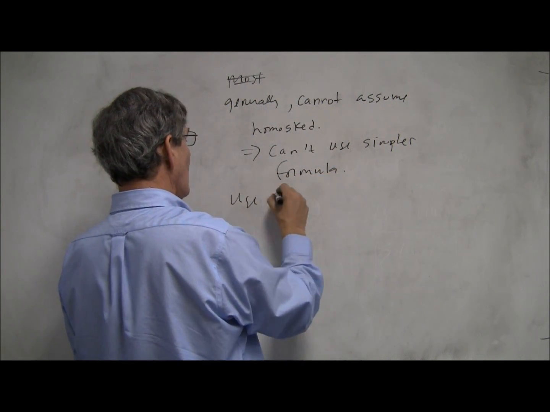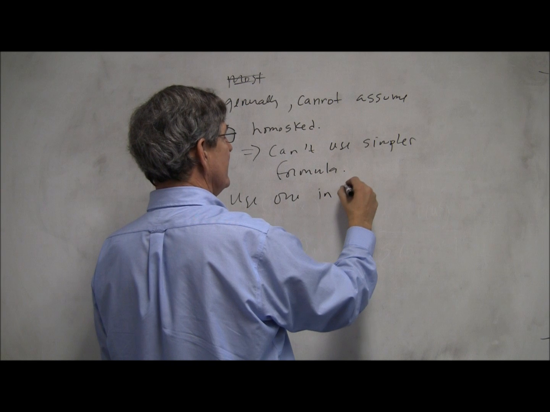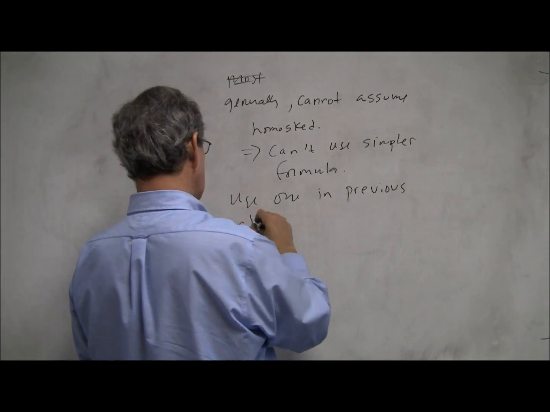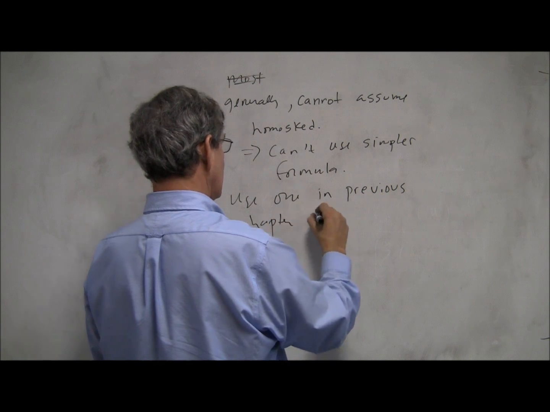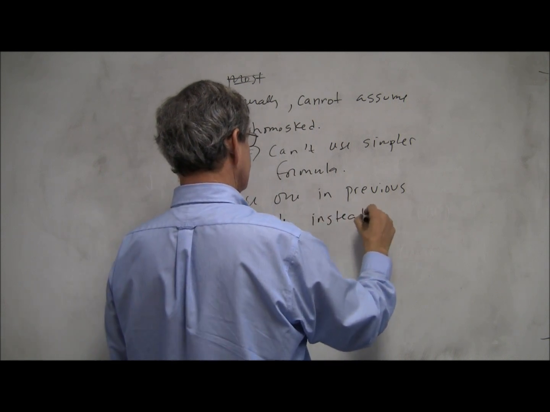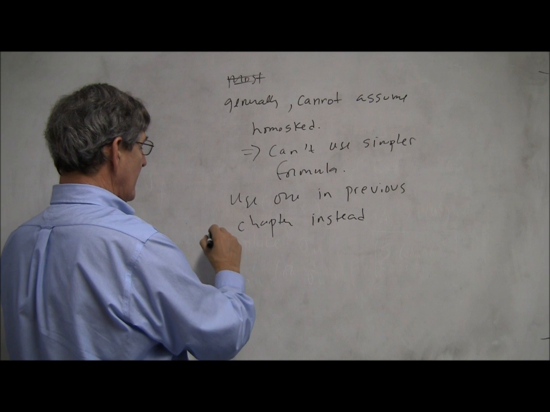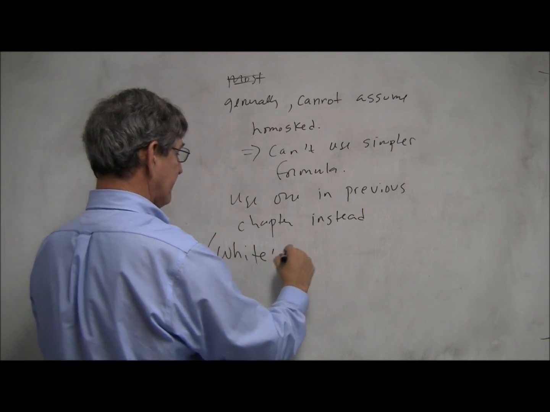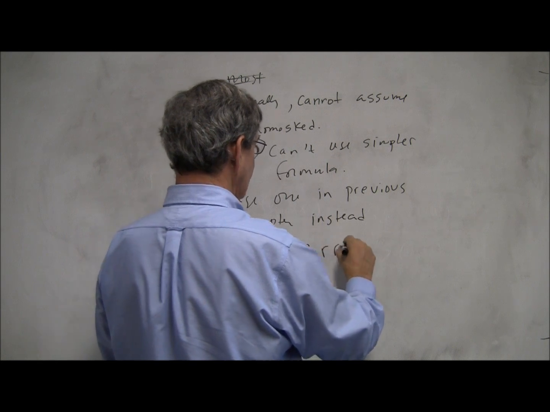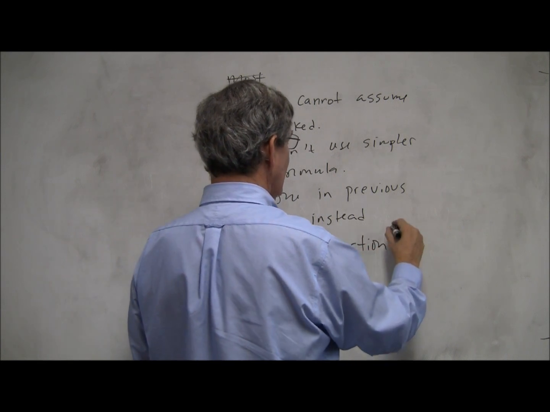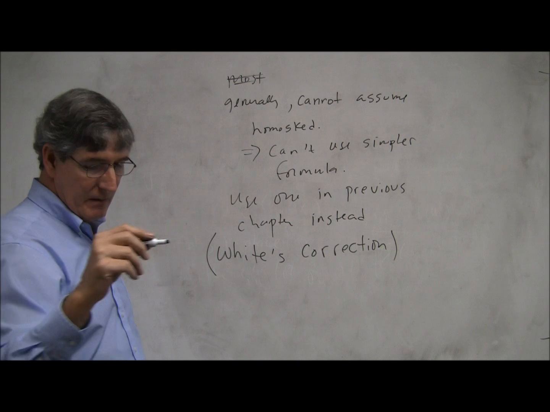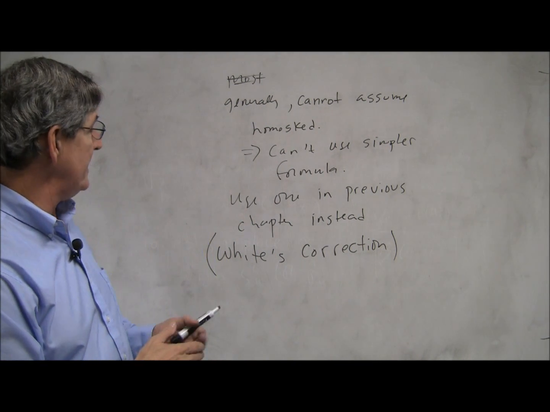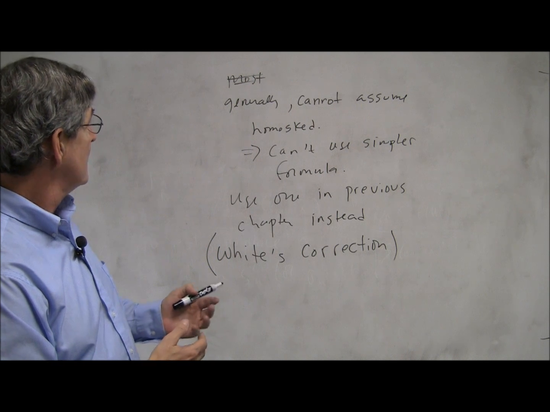So we use the one in the previous chapter instead, or earlier in this chapter. This is often called White's correction, after Hal White, who was an economist. He passed away not too long ago, but he was an economist at the University of California at San Diego, UCSD.